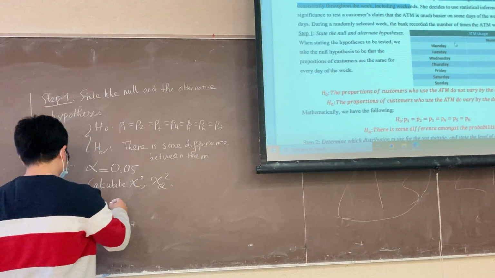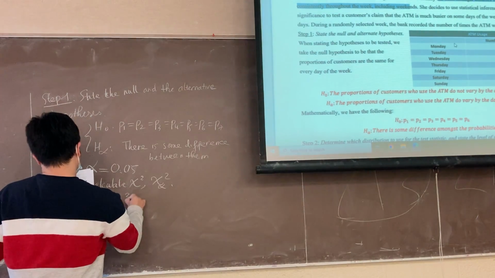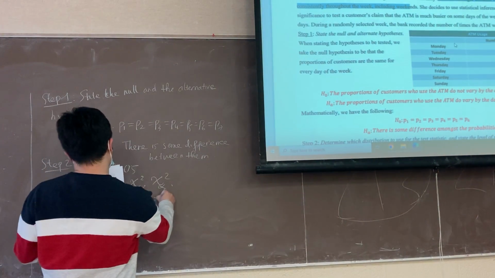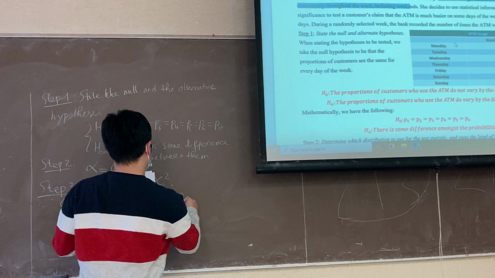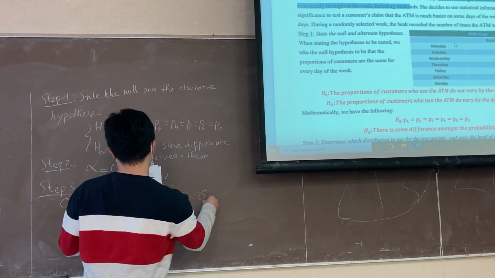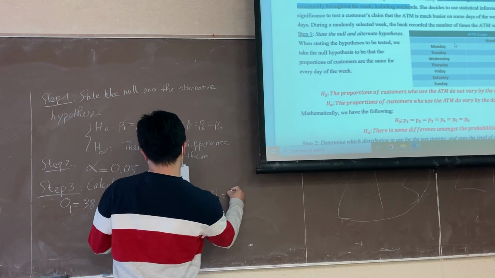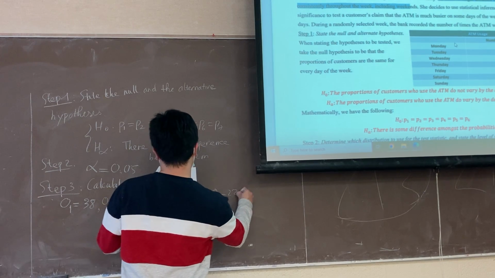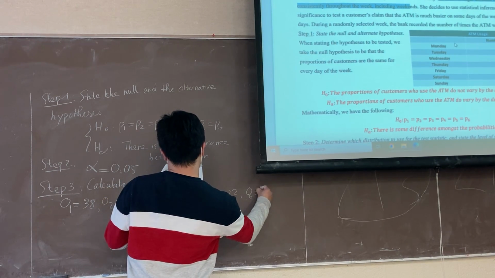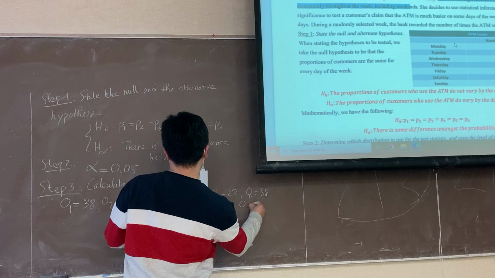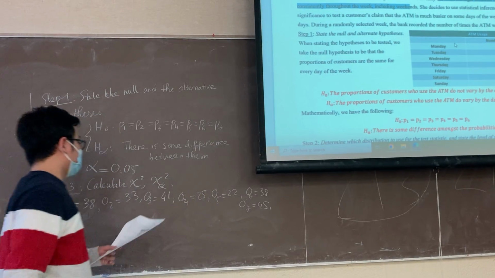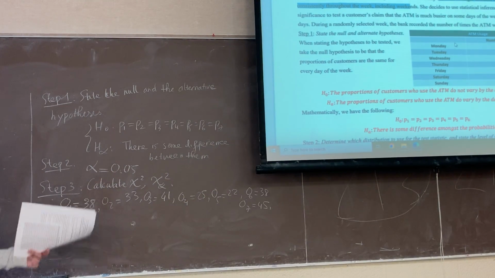O1 is 38, O2 here is 33, O3 here is 41, O4 here is 25, O5 here is, let me see, 22, O6 here is 38, and O7 here is 45. So this is the observed frequency, right?